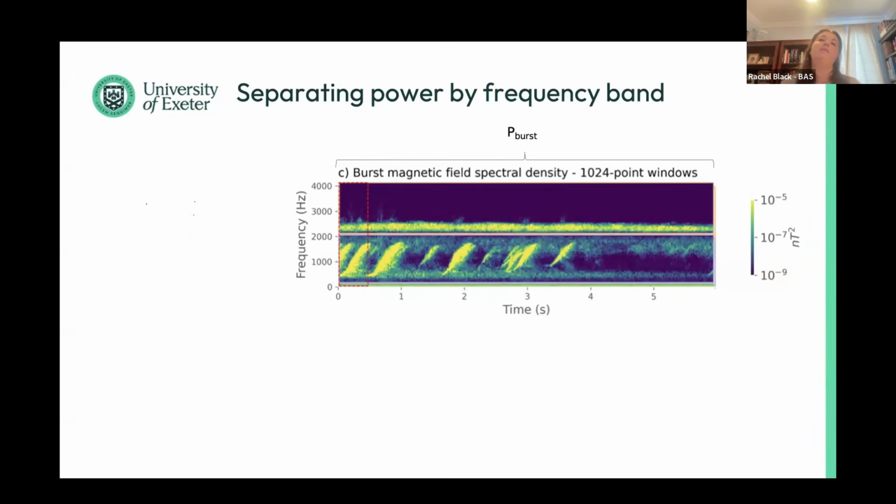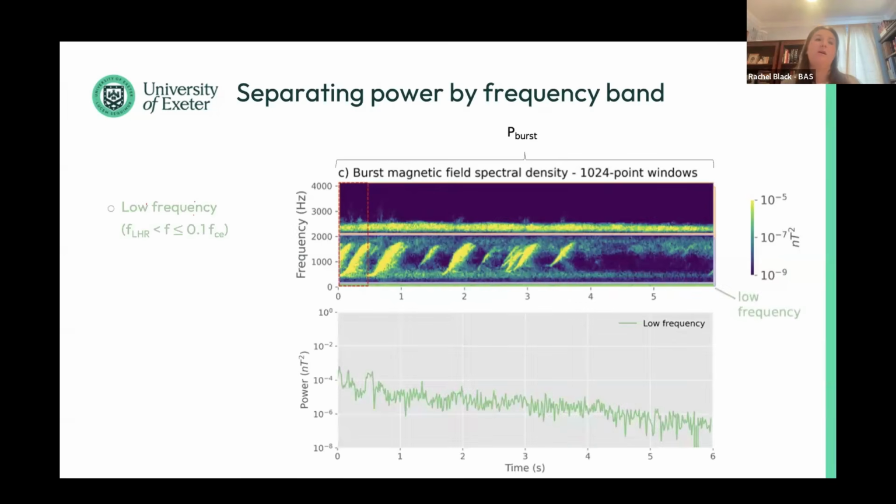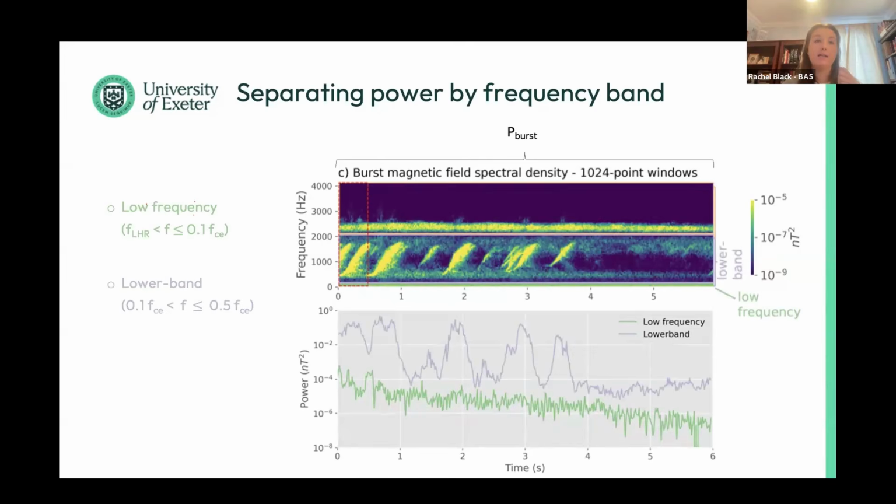So here again, we have an example of a burst mode record of a chorus wave, where we have the low frequency band between the lower hybrid and 0.1 of the gyro frequency, the lower band between 0.1 and 0.5 of the gyro frequency, and the upper band between 0.5 and 0.9. And so these frequency bands are all integrated with frequency separately and treated apart in our statistics.